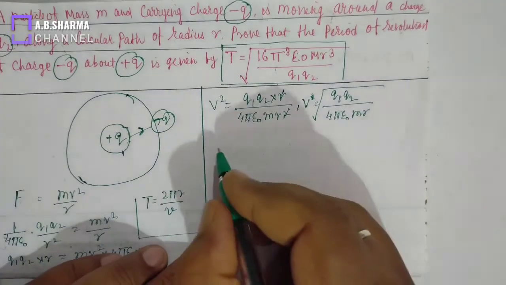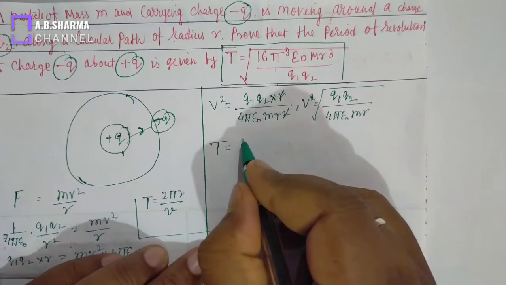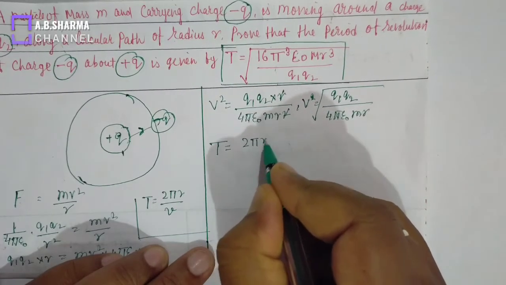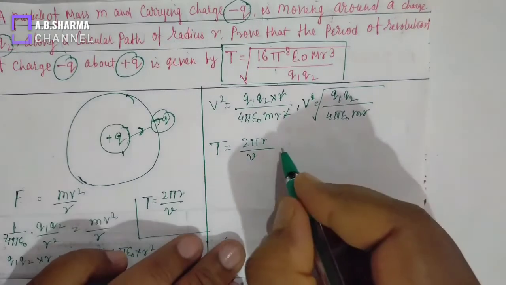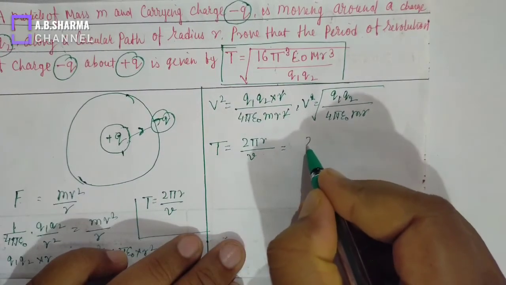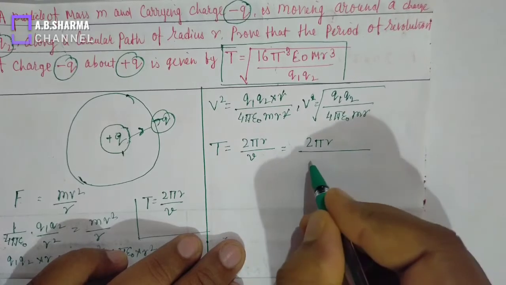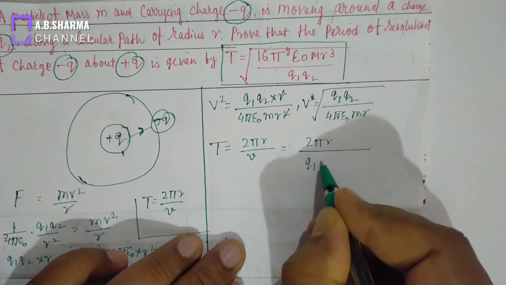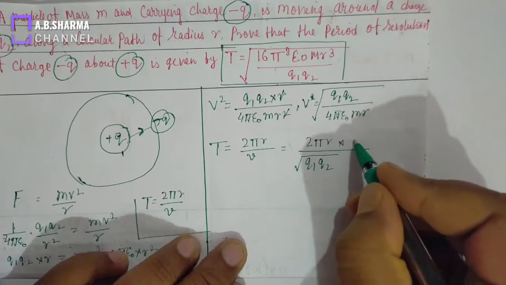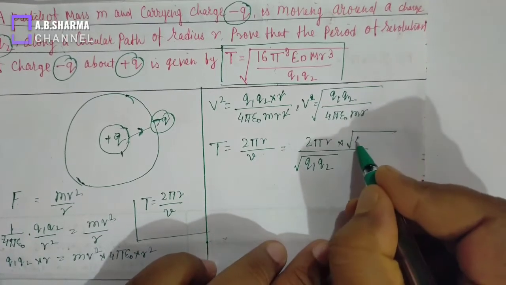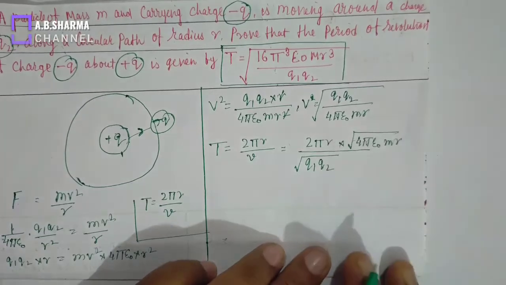Now we need to find the time period or period of revolution, means T equals total distance, that is 2 pi r, divided by v. So 2 pi r equals this much, and v equals root of q1 q2 over 4 pi epsilon naught m r.